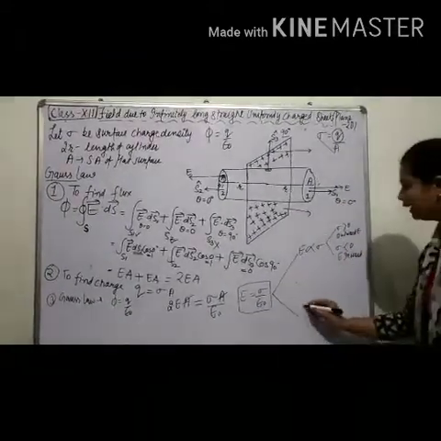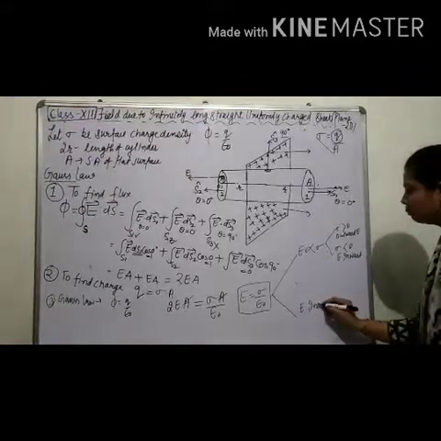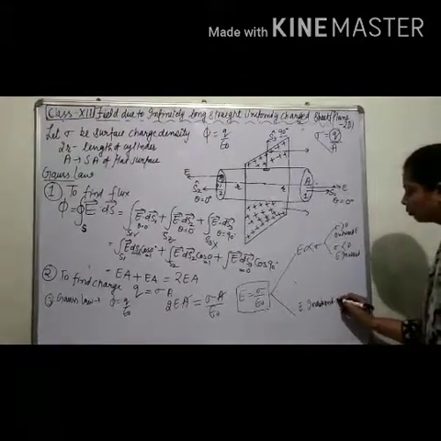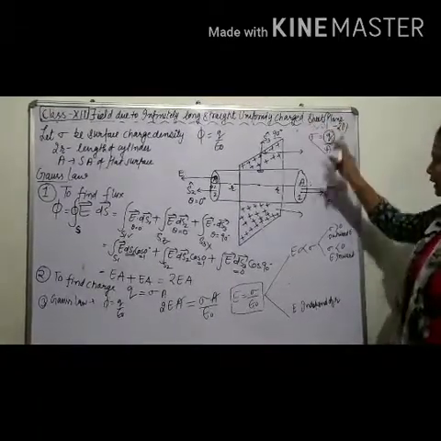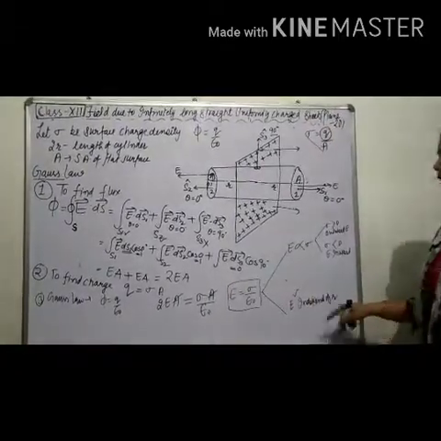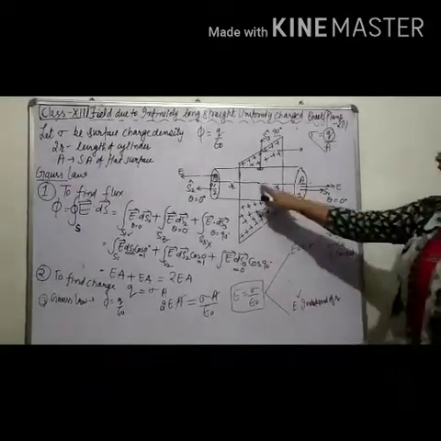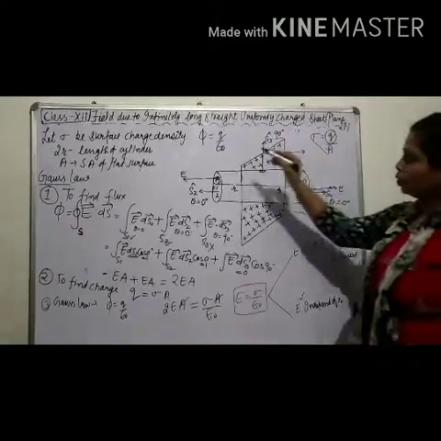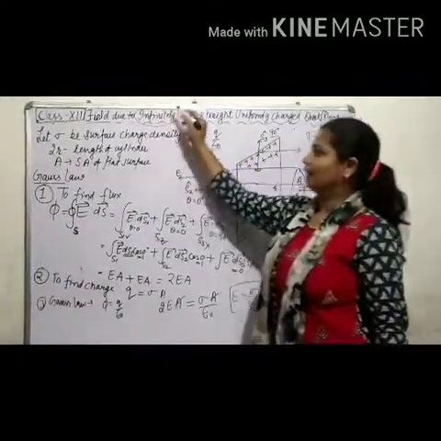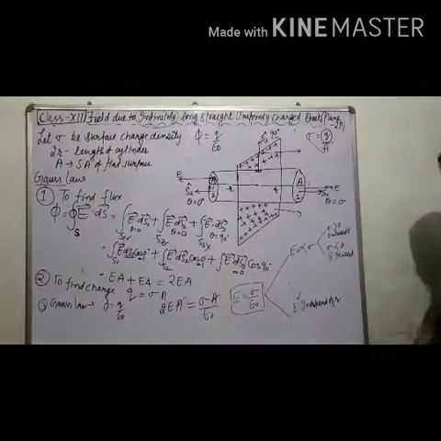Now, electric field is independent of R. It means for a plane sheet or two-dimensional sheet, the electric field doesn't depend upon the radial distance at which you calculate. Why? Because of its infinite length, it doesn't depend upon separation.